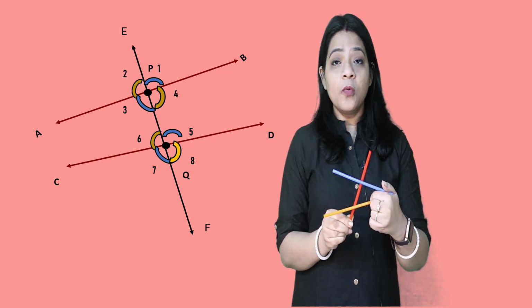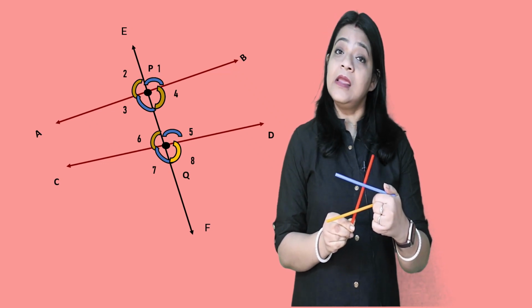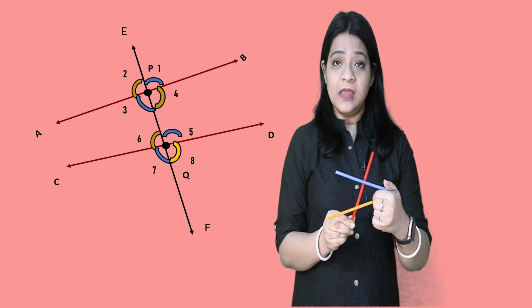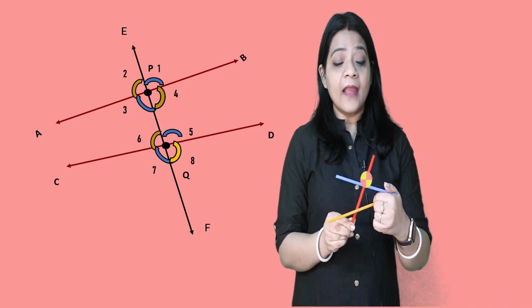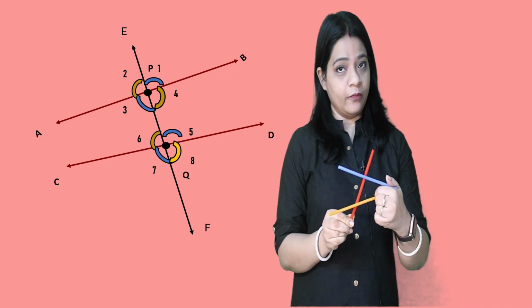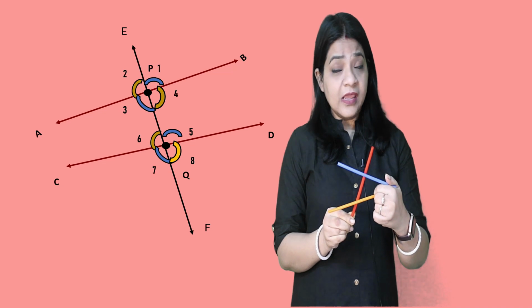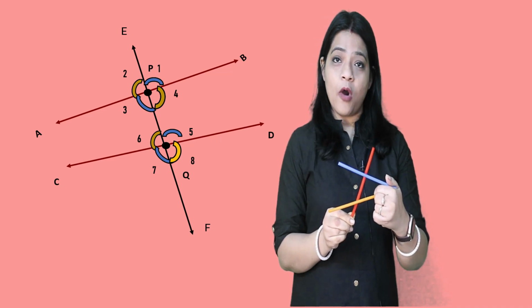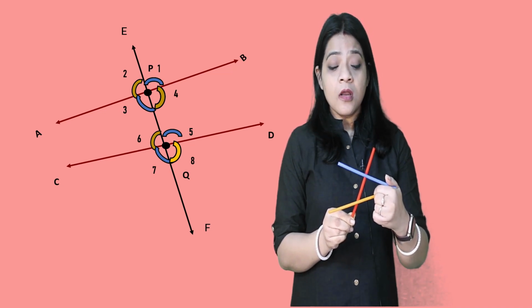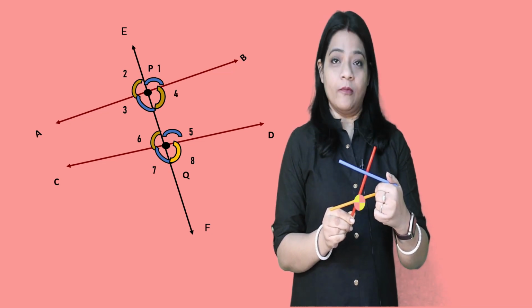When the line EF cuts AB at the point P, angles 1, 2, 3 and 4 are formed. And when EF cuts CD at the point Q, angles 5, 6, 7, 8 are formed.